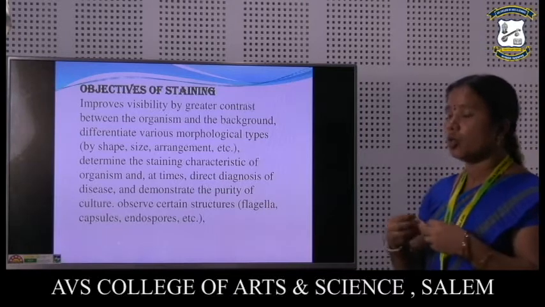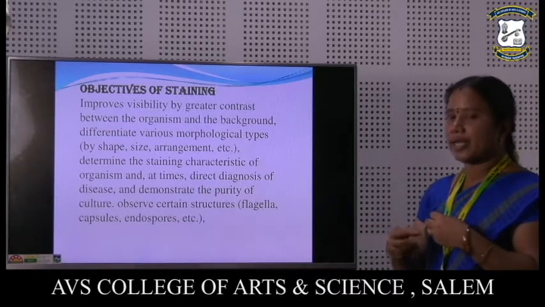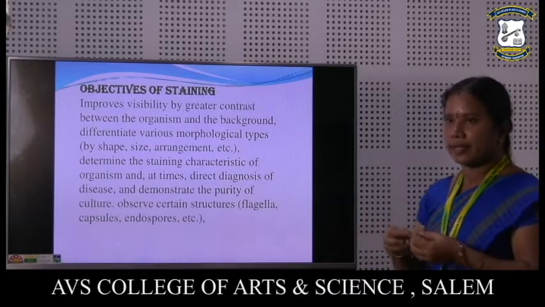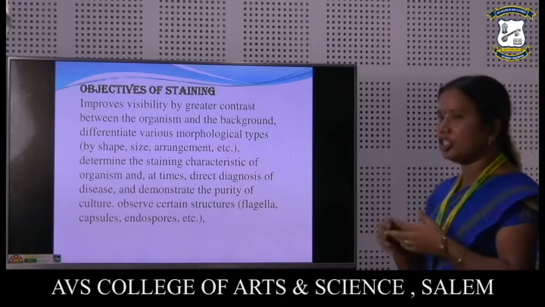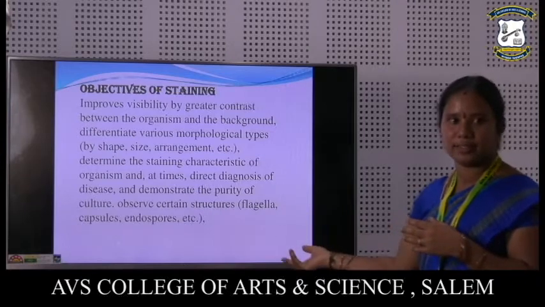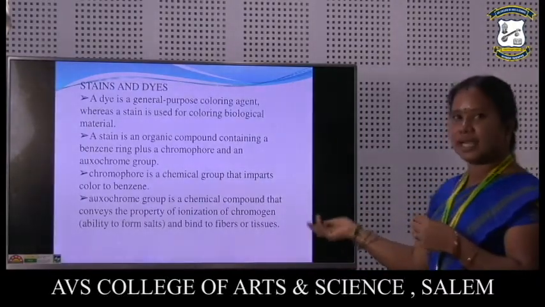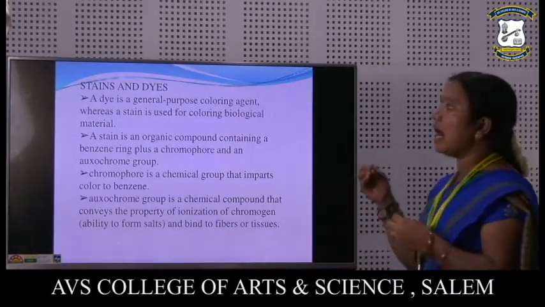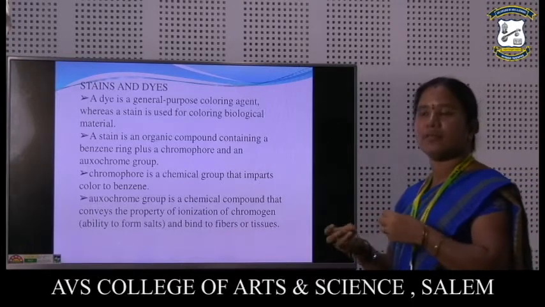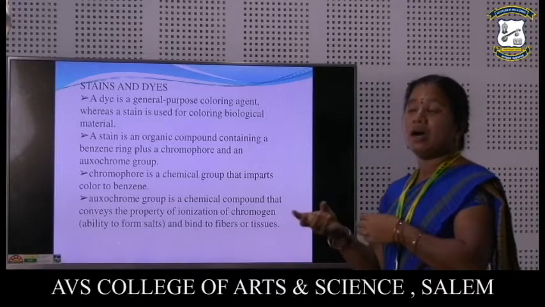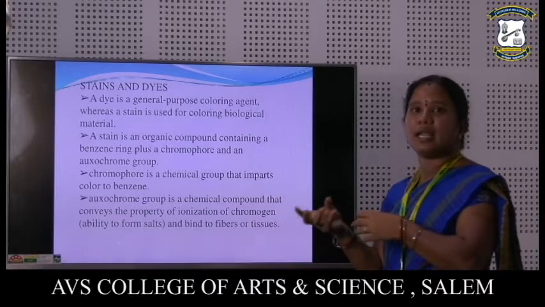We can also know the structure of organisms and their cell organelles, as well as the arrangement and shape of organisms with the help of the staining technique. Staining means coloring. The name itself tells us that a stain is a coloring technique.